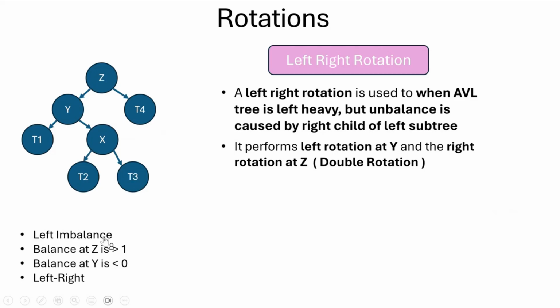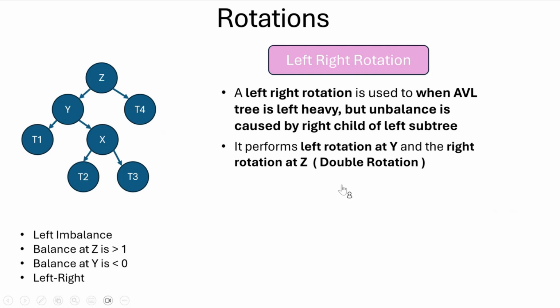And we check that using this logic. In case of left-right rotation, we need to have two rotations. The first rotation is at Y to break this zigzag structure. Then the next rotation is a right rotation at Z, because if you break the zigzag structure, it becomes a left-left imbalance, and left-left imbalance can be solved using right rotation. Why do we require two rotations, or a double rotation, in this case?